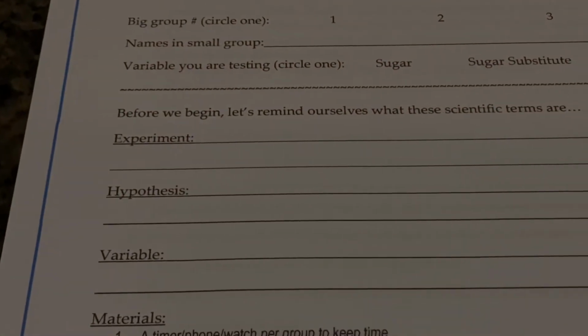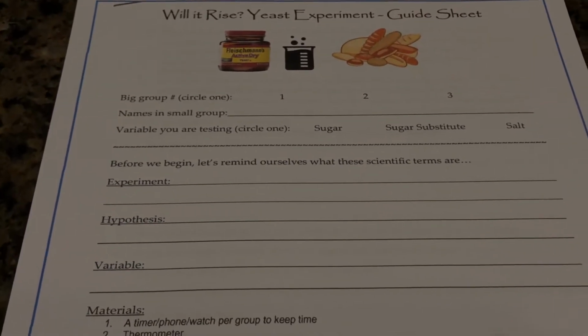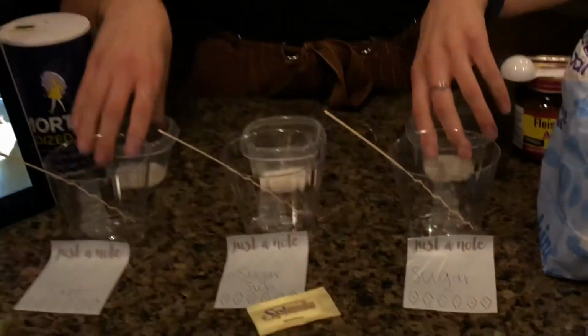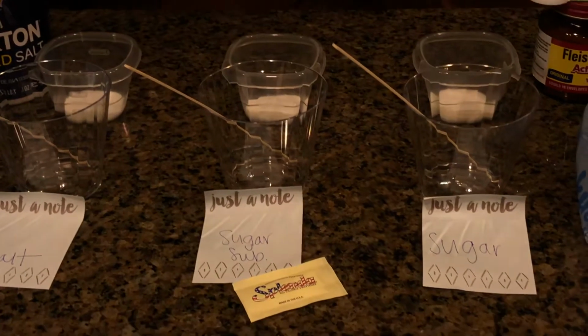And secondly, we have our hypothesis. I already went over this in the introduction. Hypothesis is basically, what do we think is going to happen? Thirdly, we have a variable, and this is what we have right here. It's something that can be changed in the experiment.